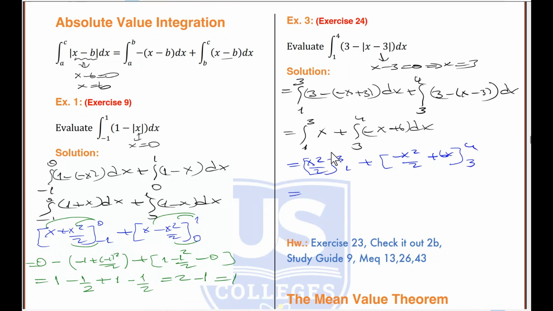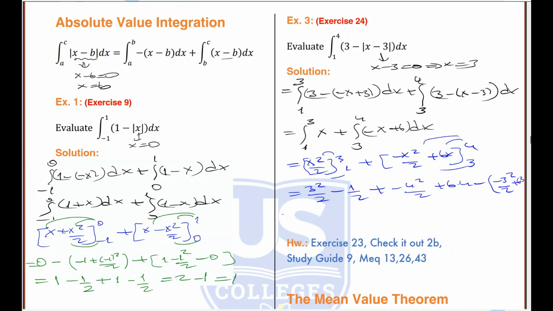Now let's insert the upper bound first. 3 squared over 2 minus lower bound 1 over 2 plus, now insert upper bound first, negative 4 squared over 2 plus 6 times 4 minus, open bracket, I have two terms. Insert the lower bound, negative 3 squared over 2 plus 6 by 3.